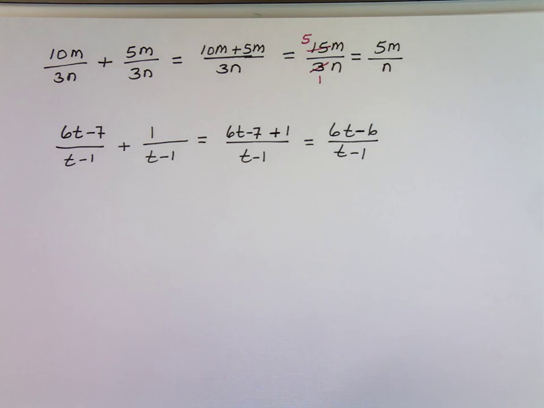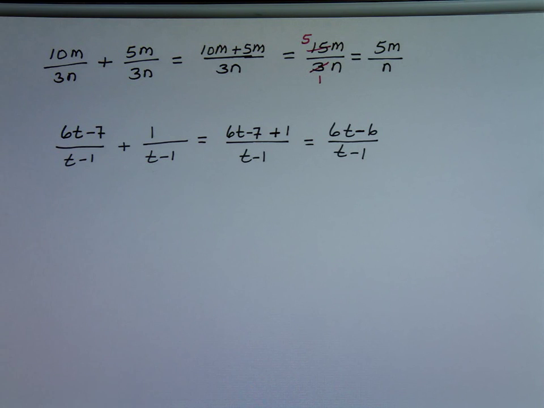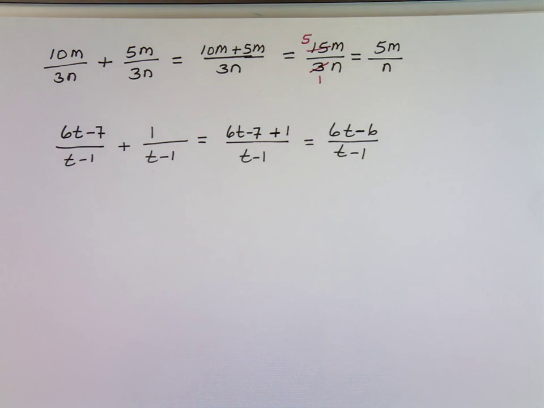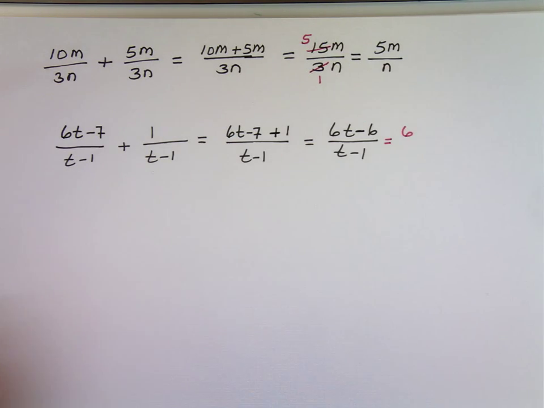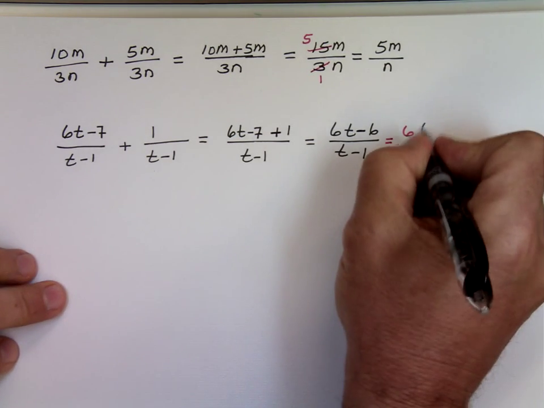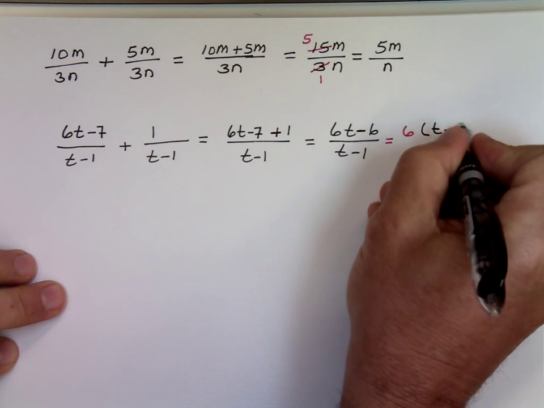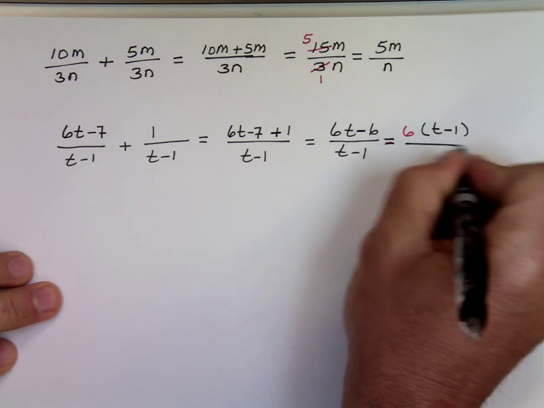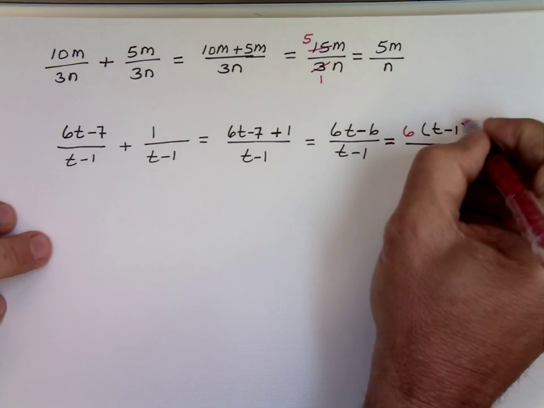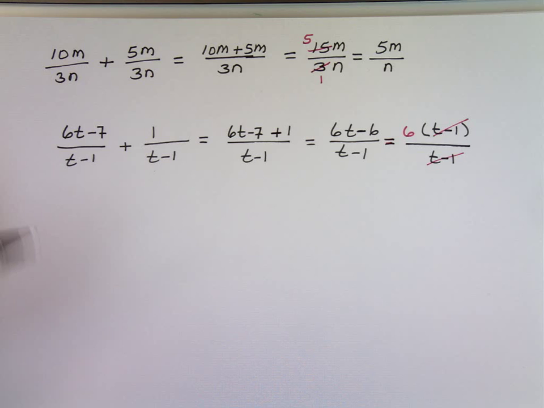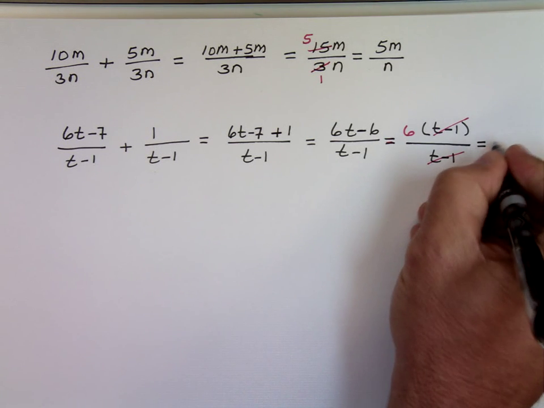And now, can we simplify that? And the answer is yes. How do we simplify it? We can factor a 6 out of the top. If you factor a 6 out of the top, what's left? T minus 1 over t minus 1. Now notice these two are the same. Cancel each other out. And my final answer should be 6.